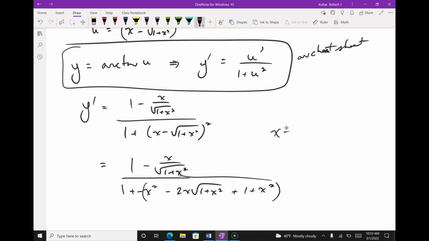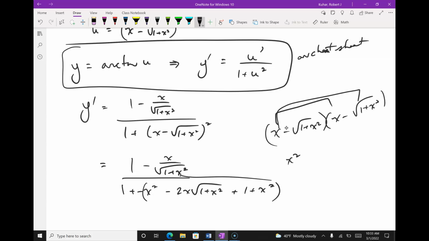Make sure you agree with me there, please. I get an x squared. I get one of these, I get two of these. And then I get that last piece squared. Yes.